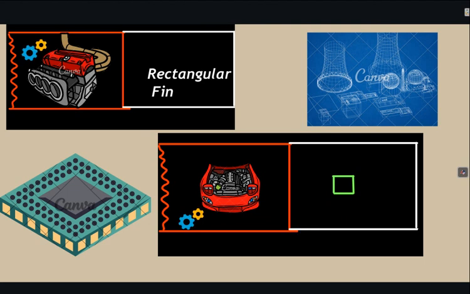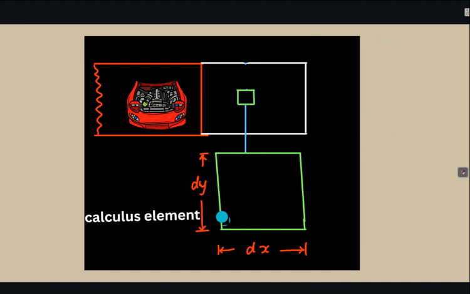In the next page, we are going to see the magnified view of this small calculus element. So this is going to be our dx, and this is going to be your dy. Mathematicians would not allow us to call it this way, because calculus means that you can evaluate the change in temperature with respect to the x-axis or y-axis at a particular point.